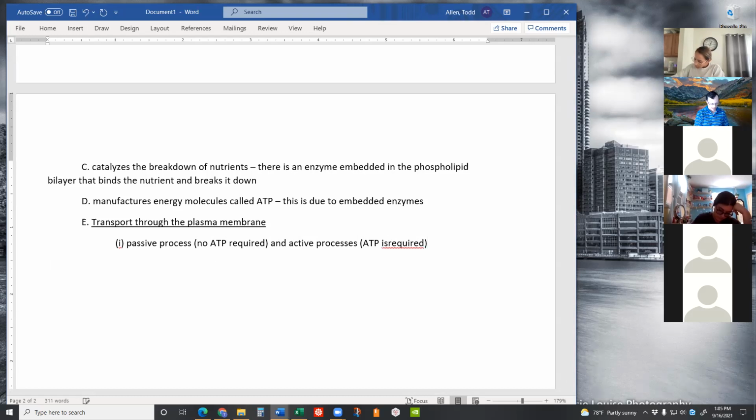Okay, so let's list out some of the passive processes. Passive processes would include simple diffusion, facilitated diffusion, active transport, and osmosis.